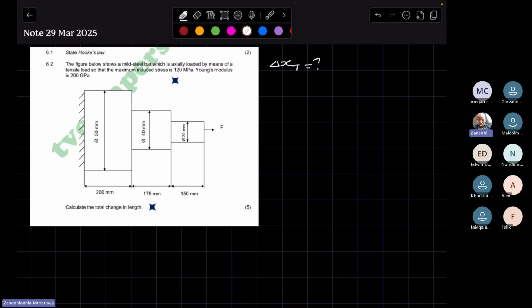Now, what have we been given? We are given the stress, which here is 120 megapascals. We have Young's modulus of elasticity, which is 200 gigapascals. We are looking for the change in x, and we know that direct strain is change in x divided by the original length.